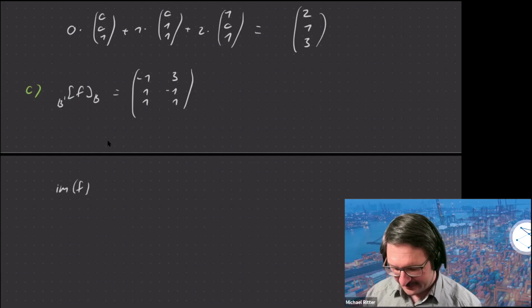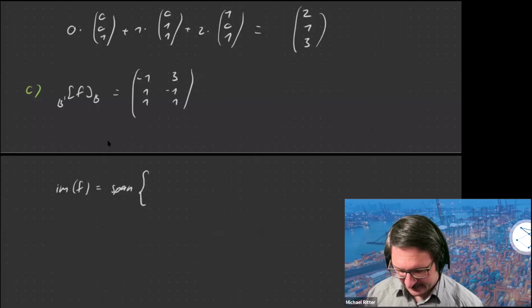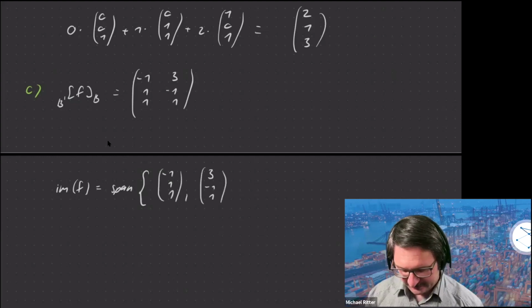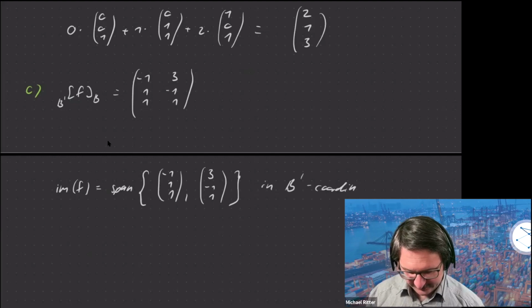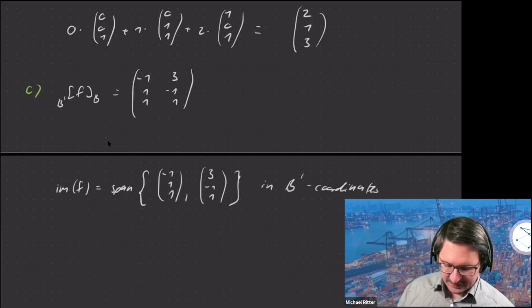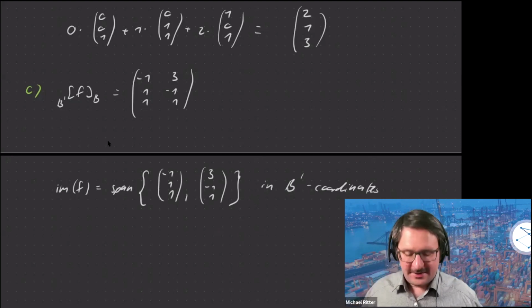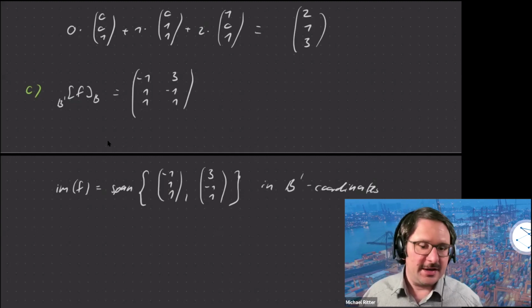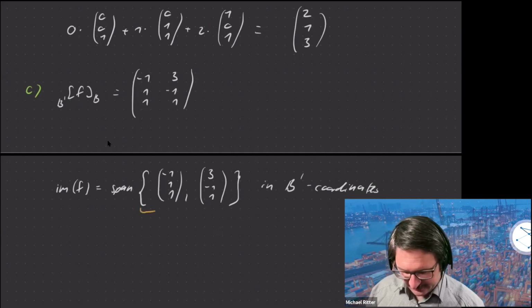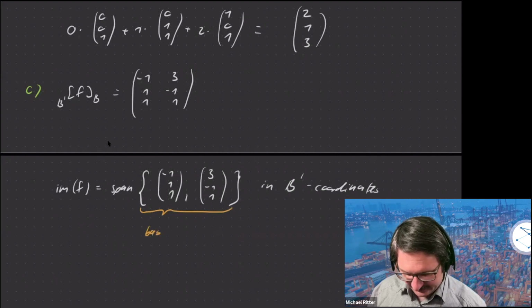So the image of F is equal to the span of (-1, 1, 1) and (3, -1, 1) in B prime coordinates. And again, we'd have to make sure that this is actually a set of linearly independent vectors, but in this case, it's easy to see it is, right? So this is actually a basis of the image of F, again, in B prime coordinates.